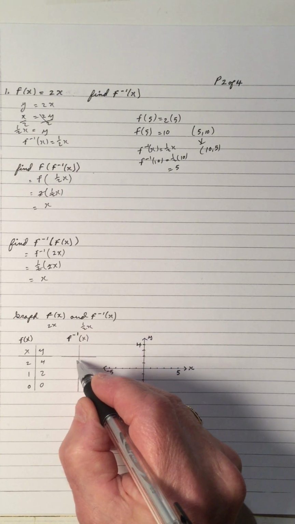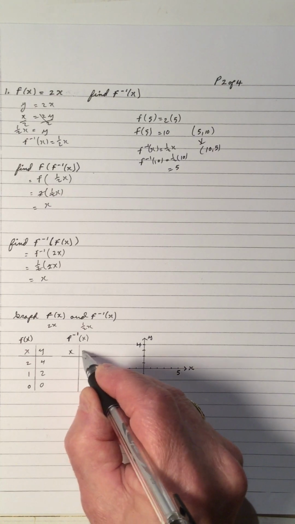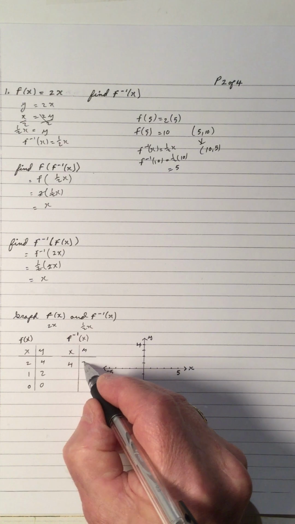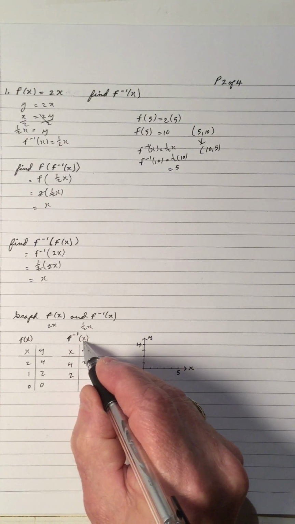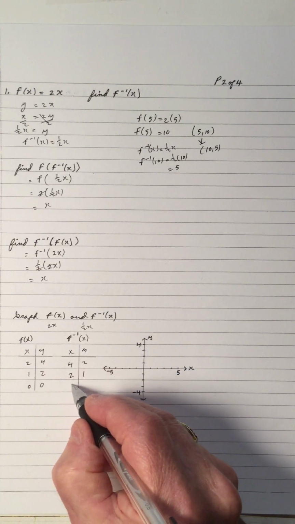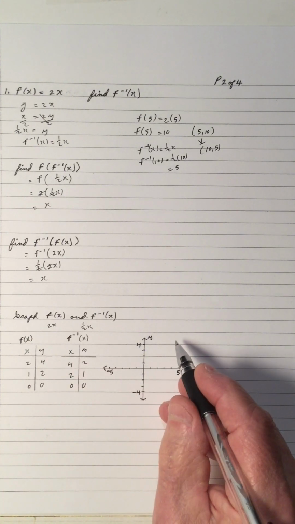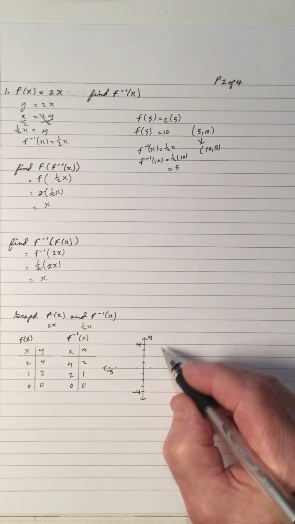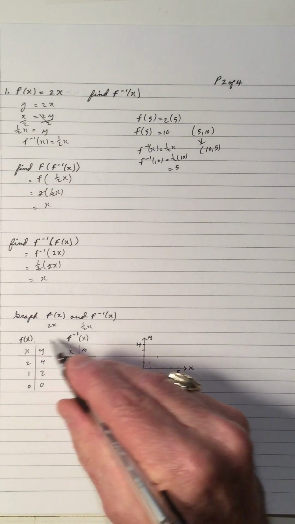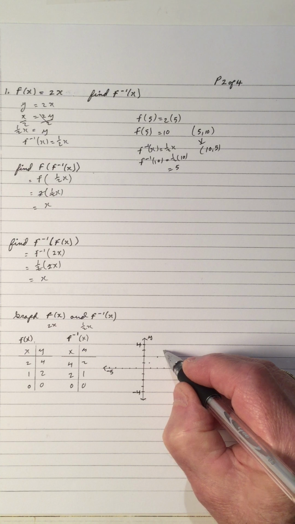So if we put a 4 in, half of 4 is 2. If we put 2 in, half of 2 is 1. If we put a 0 in, half of 0 is 0. When we do this, we're reflecting in the line y equals x.